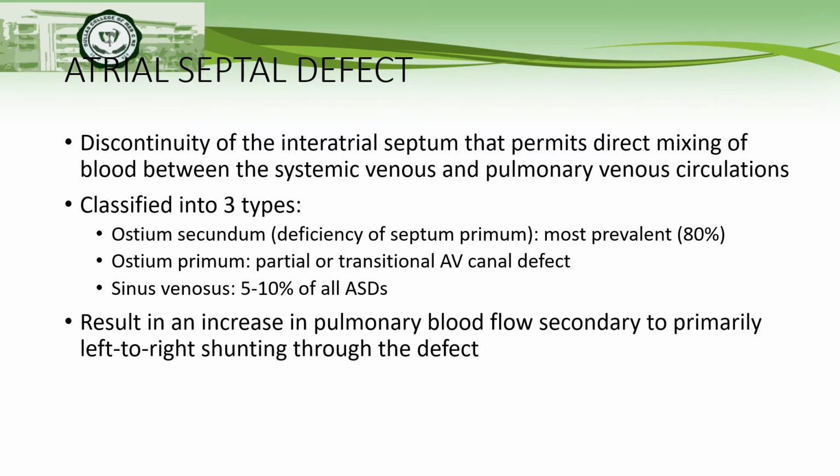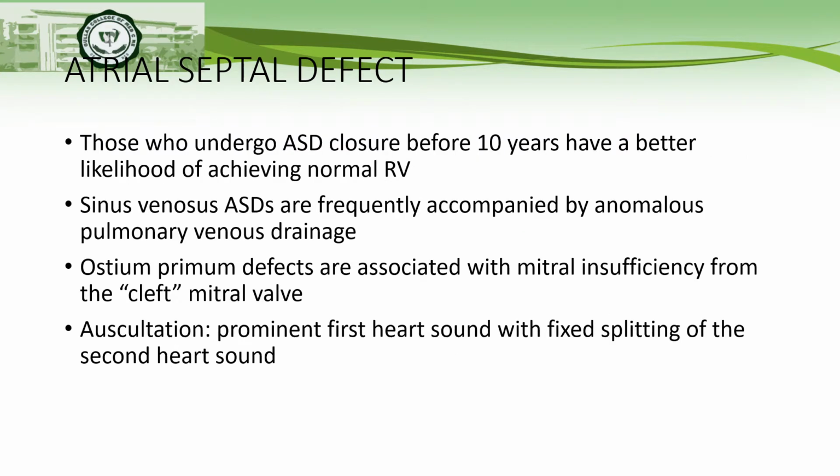So there is an increase in hypertrophy in the left ventricle pressure, and it promotes hypertrophy with a thicker muscle mass, which offers resistance to diastolic filling than does the right ventricle. Thus, the majority of flow occurs from left to right. Those who undergo ASD closure before 10 years have a better likelihood of achieving a normal right ventricle.